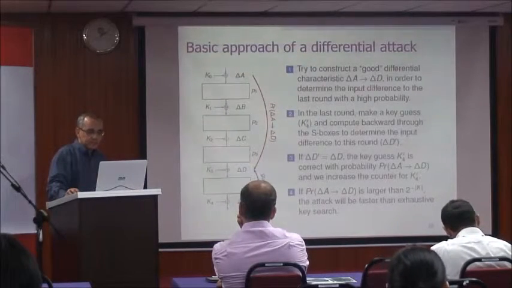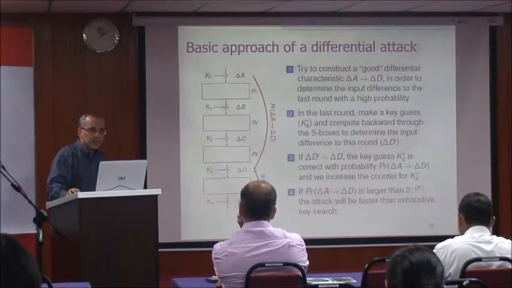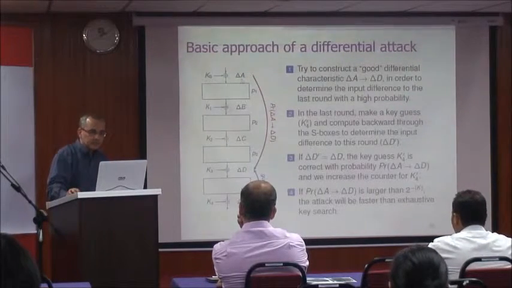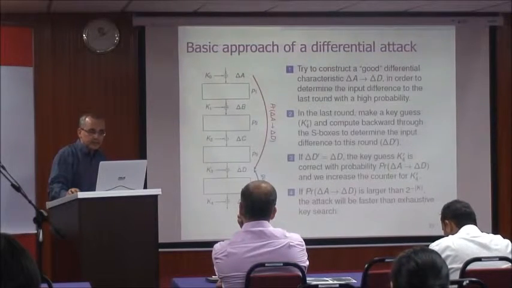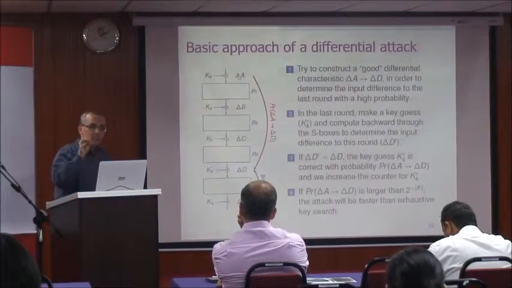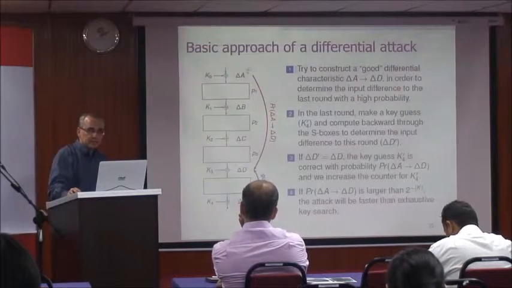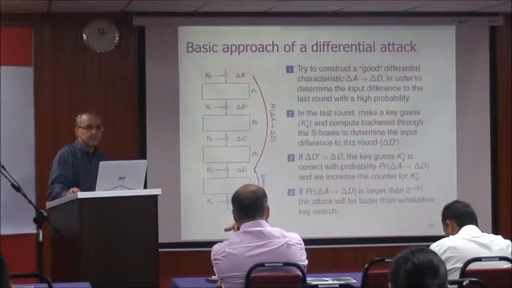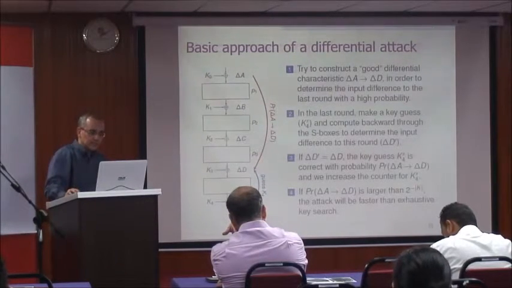So if I build the XOR distribution table of all the S boxes, and I find that there are some delta A, delta B pairs that have high probability to occur, then I assume that they are always going to occur. And I know that I'm going to be right with probability B1, which is the probability of having difference delta A going to difference delta B. And then I'm going to concatenate this difference with the difference in the second round.